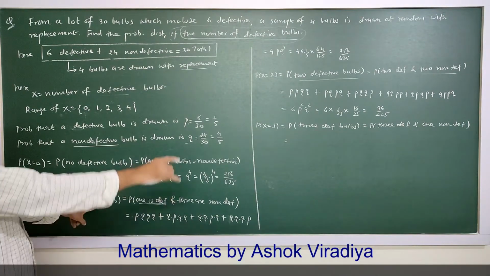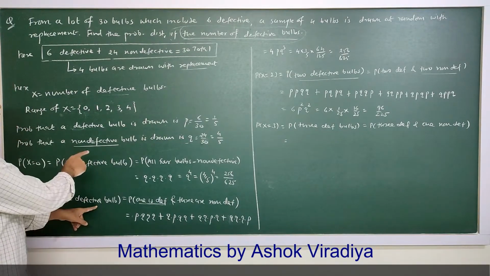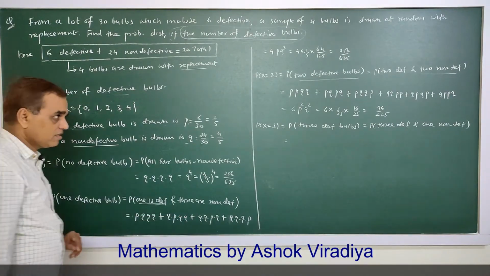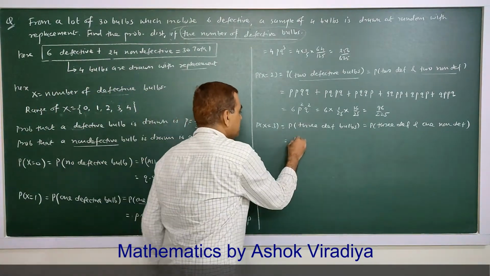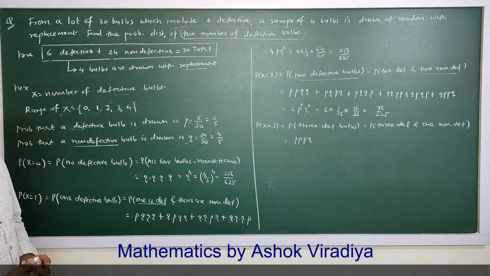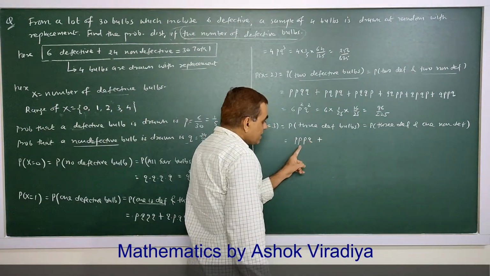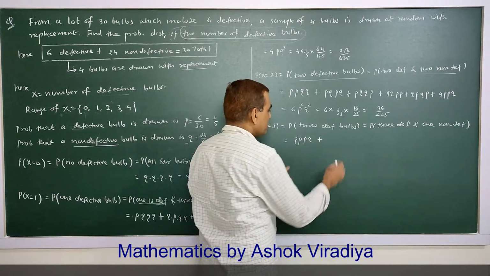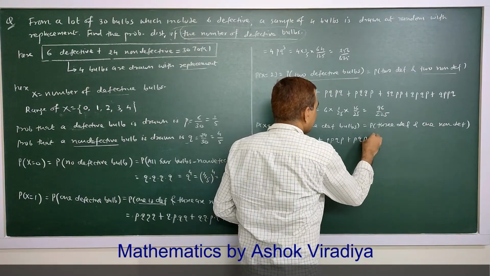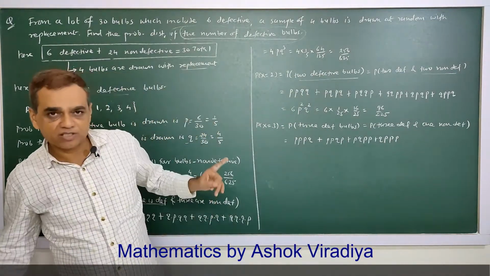Here 1 is non-defective, that is Q. So by this pattern, 3 defective, that is P, P, P, Q. 3 times P, 1 time Q. Now rotate this Q in this permutation. So P, P, Q, P, plus P, Q, P, P, plus Q, P, P, P. These are the possibilities.